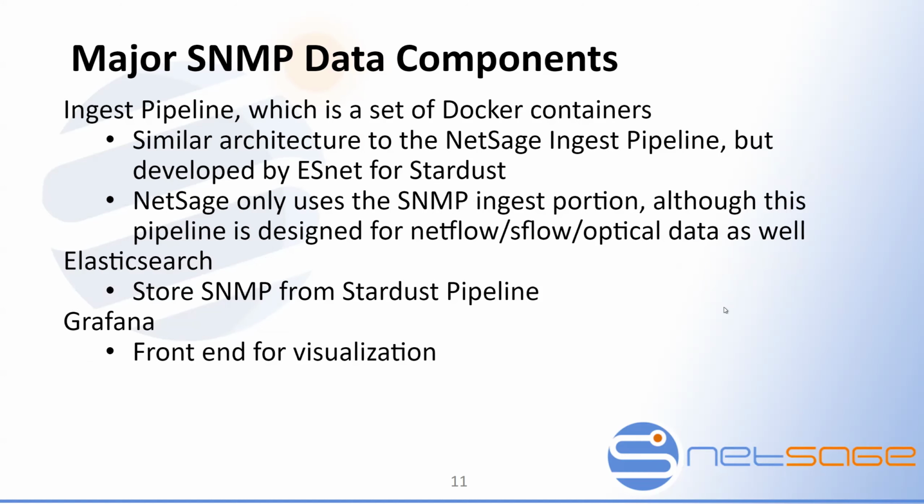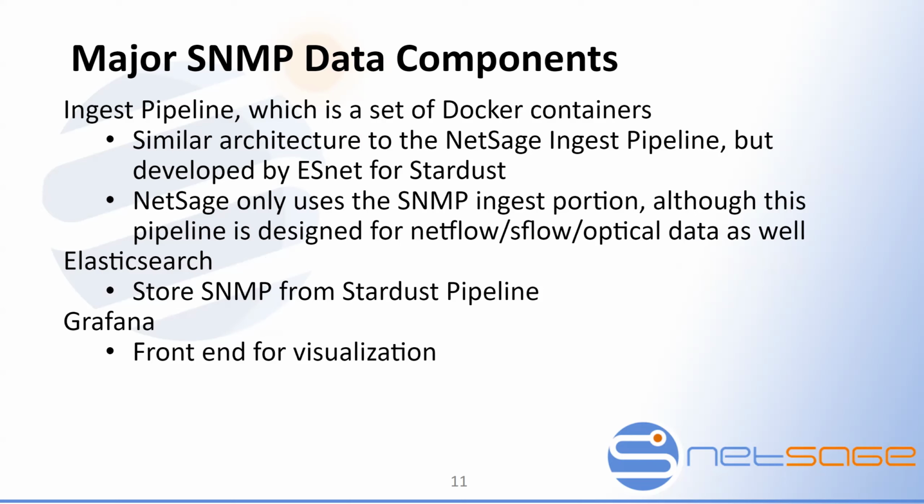The SNMP piece, which we have for certain networks that are giving us SNMP data as well, is very similar, but it was developed by ESNet for Stardust. Stardust was born out of the NetSage approach, but they authored a very specific tool for their needs that is a little more technical and a very powerful network analysis tool.